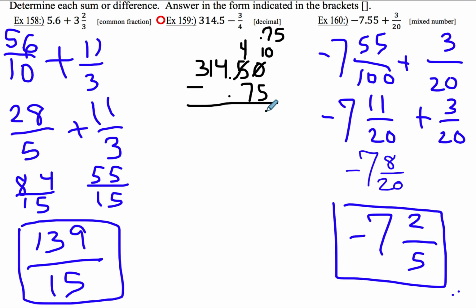Okay, 10 minus 5 is 5. 4 minus 7, going to have to borrow again. 14 minus 7 is 7. Decimal point, bring it down. And then we've got 3 minus 0, 1 minus 0, and 3 minus 0. And this was a positive number, 313.75.